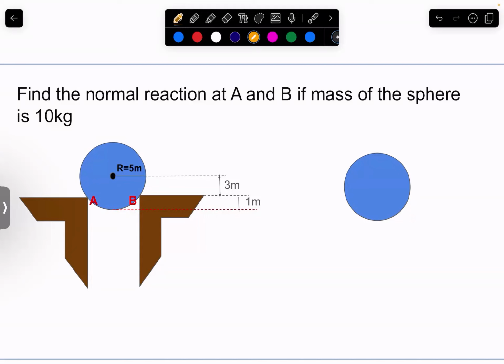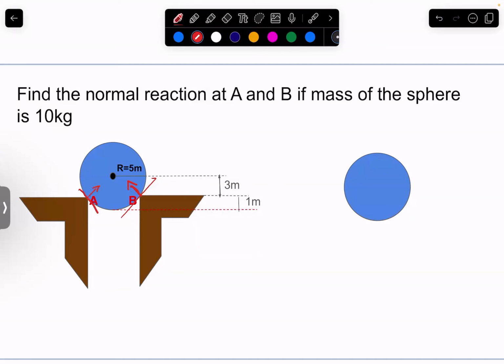The important point to remember is that normal reaction always acts perpendicular to the contact surface. If this is the contact surface here, then it will act perpendicular to it, and here also it will act perpendicular to the contact surface.